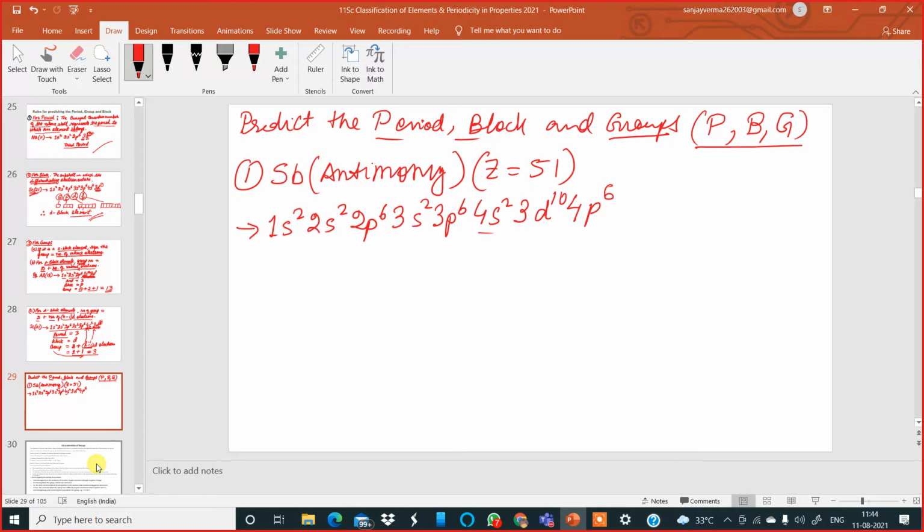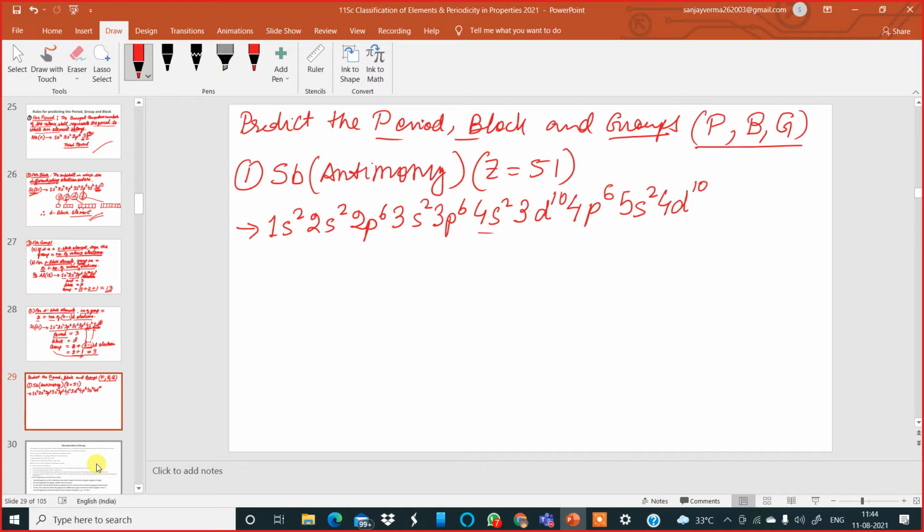After 4p6 comes 5s2. After 5s2 comes 4d, following the above principle. 4d has 10 electrons.